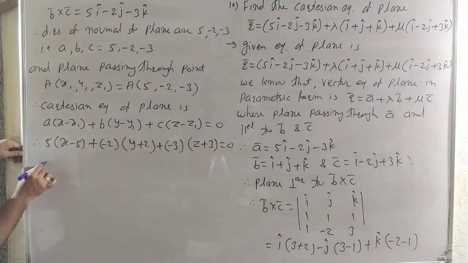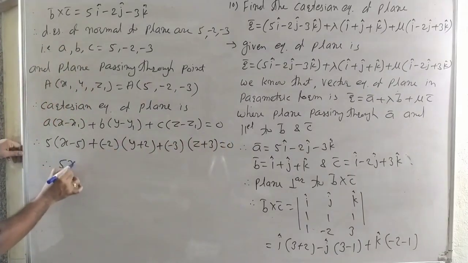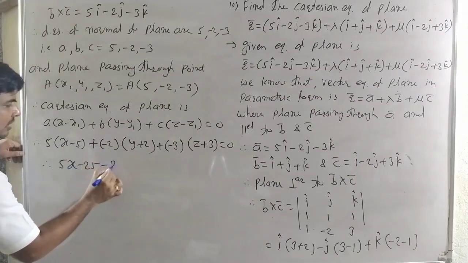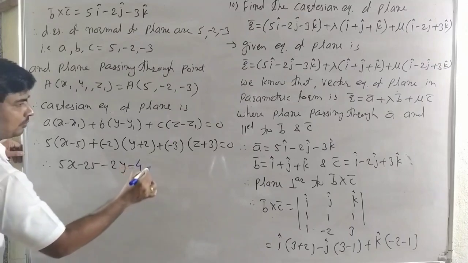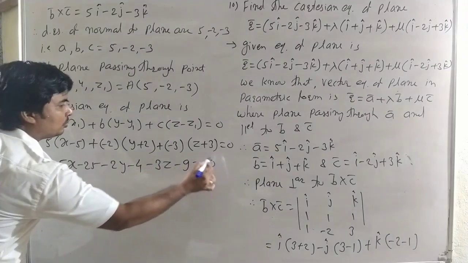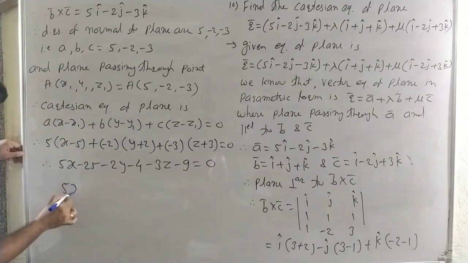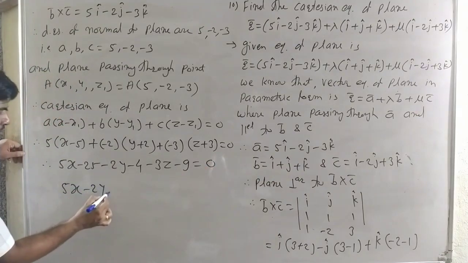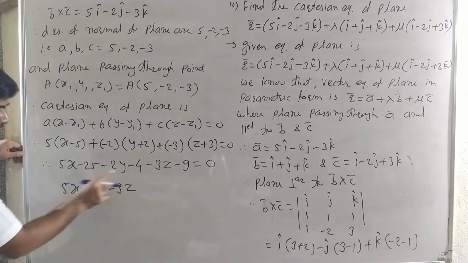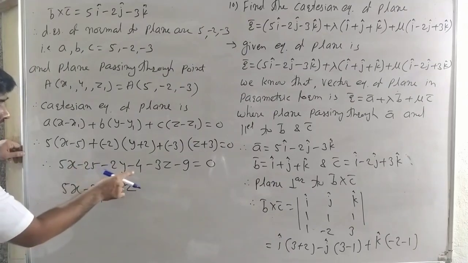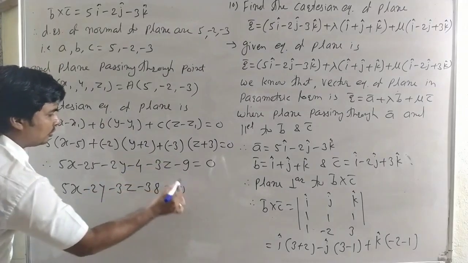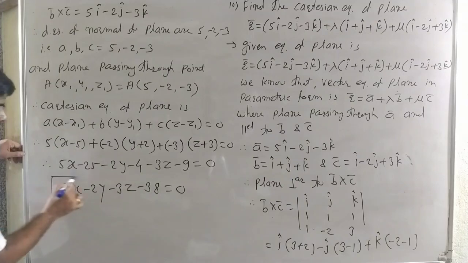Now calculate. 5x minus 25, minus 2y minus 4 and minus 3z minus 9 is equal to 0, and therefore 5x minus 2y minus 3z, here minus 25 minus 4 is minus 29, minus 29 minus 9 is minus 38, equal to 0, and it is the Cartesian equation of the plane.